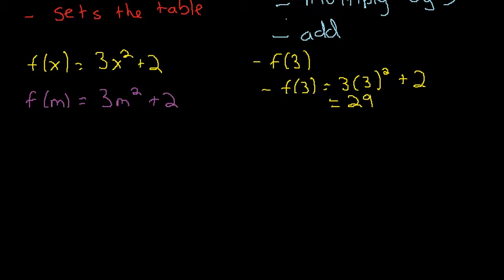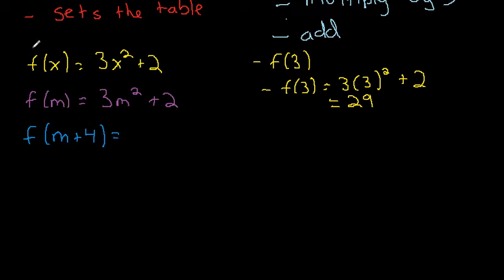But let's try something just a little bit more complicated than that. Let's say instead of that, we had f of m plus 4. Well, what's happened here is that m plus 4 has taken the place of x.